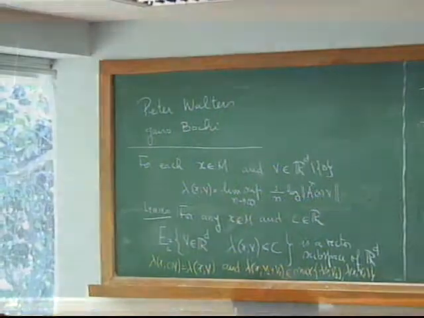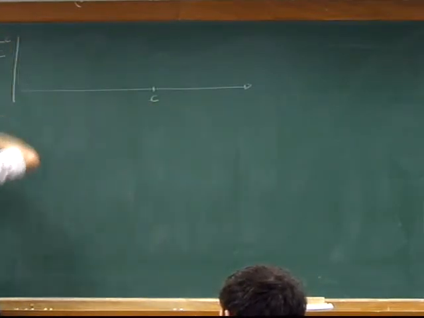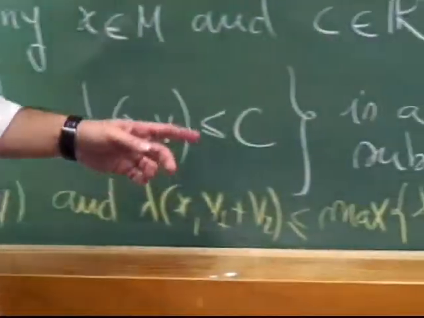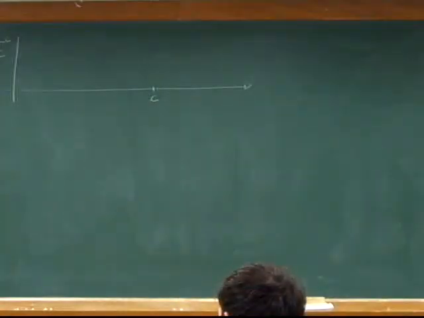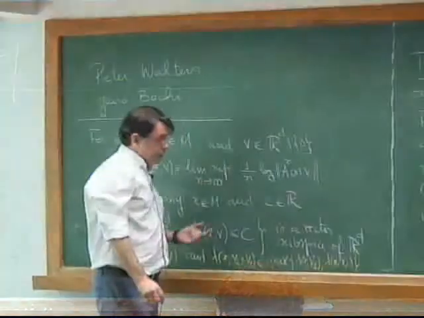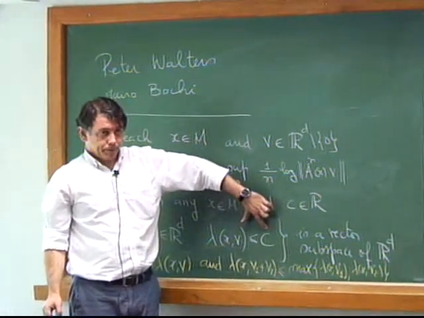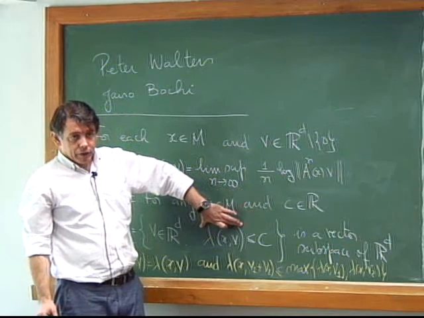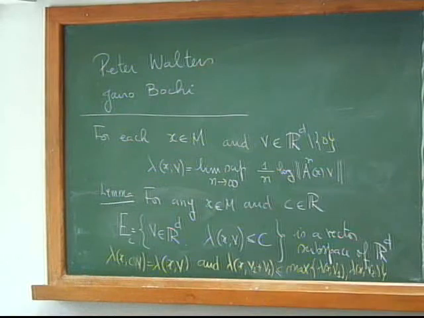Here is c and here is E_c. So this is a function that associates to each x the corresponding subspace. And you see, as c grows, this condition becomes easier to satisfy.